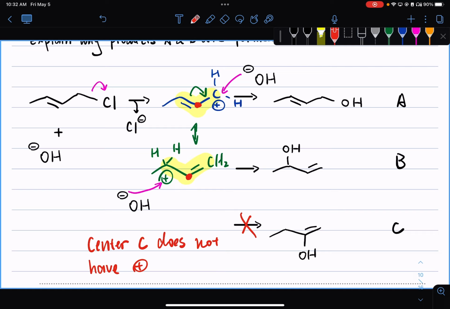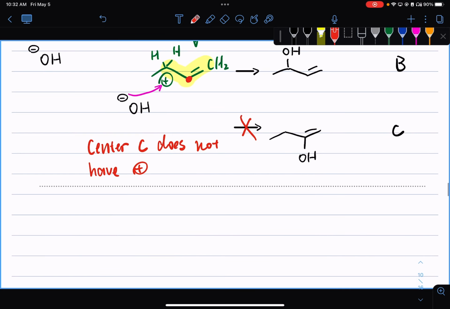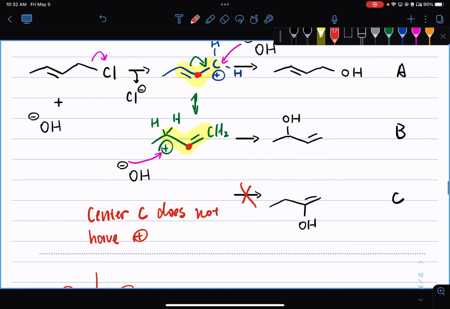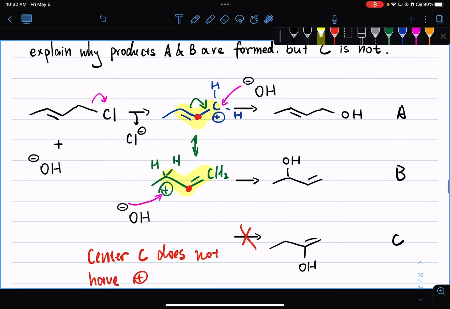And we did that analysis before. Again, what we have is the LUMO of my allylic carbocation, and because we have a node plane, your center atom just doesn't have any positive charge. Or the other way to put it is you can never draw a resonance structure with a carbocation on the center atom. And that is why your product C is never being formed.